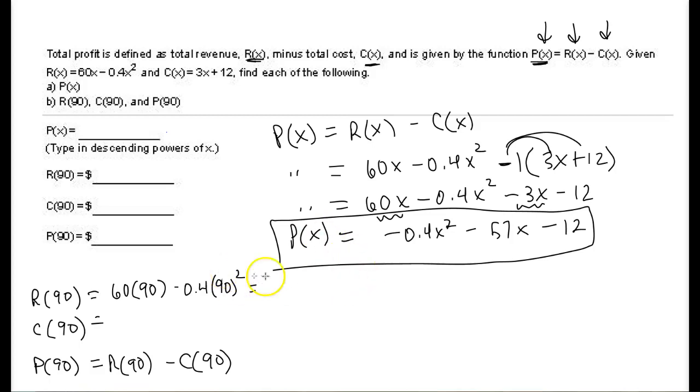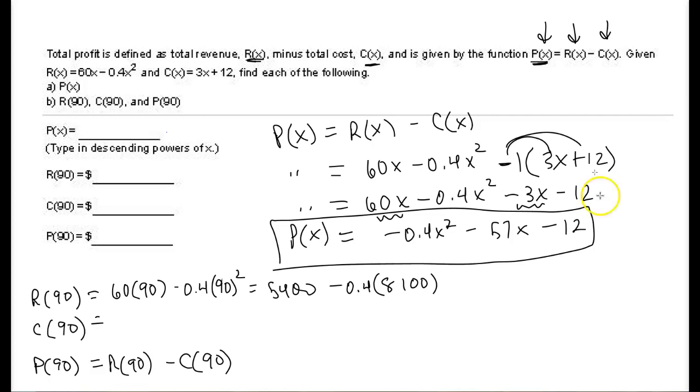Okay? And let's see, 60 times 90, that is 5,400. And 90 squared would be 8,100. And of course, from there, I'll go ahead and calculate.